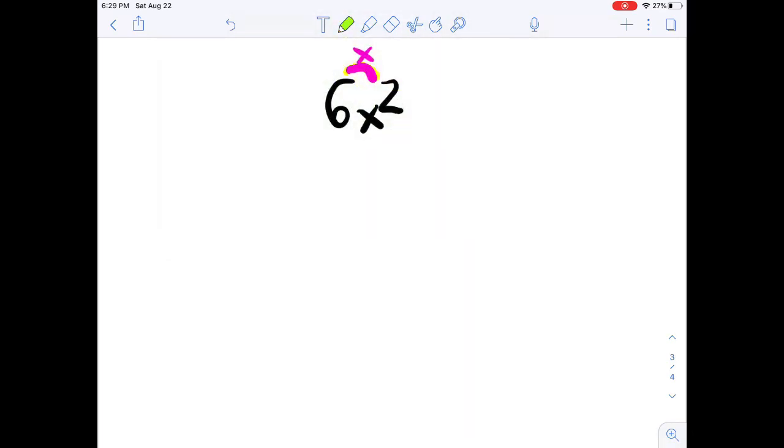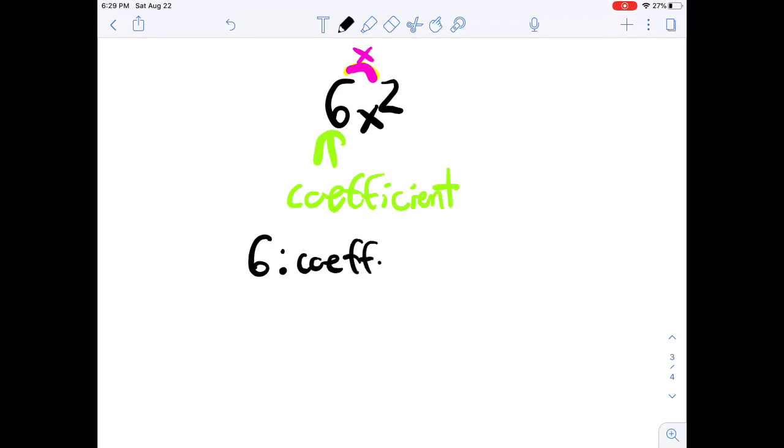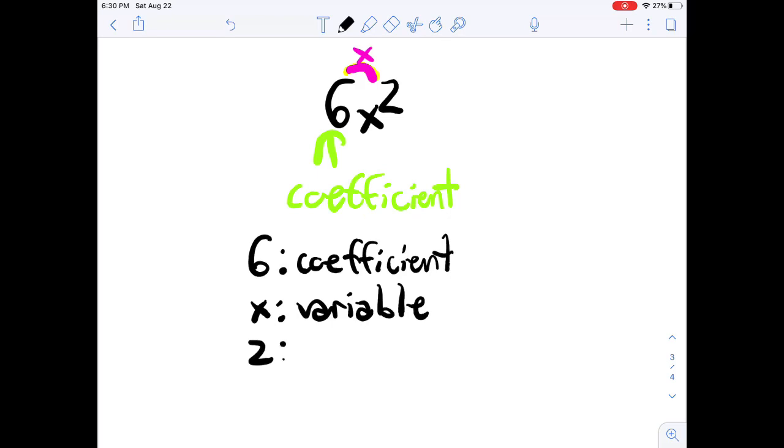It is called the coefficient. So 6 is the coefficient. The variable is x, and the exponent on the variable is 2.